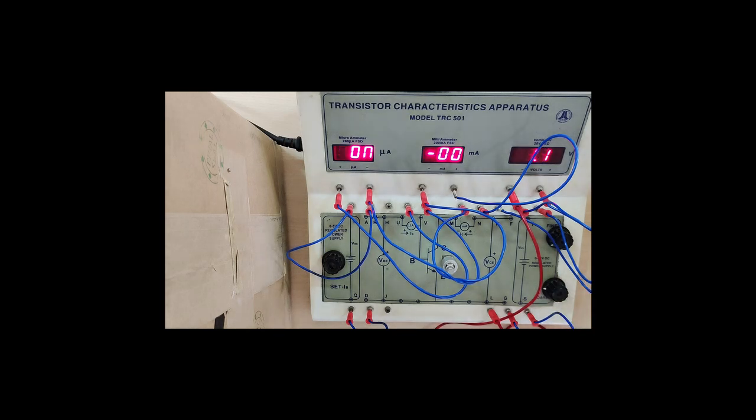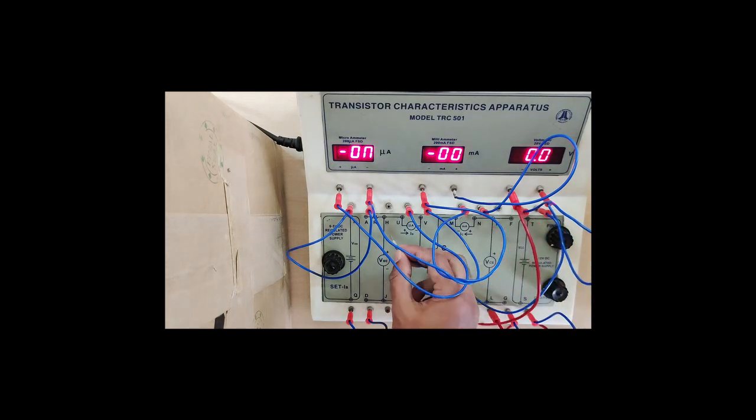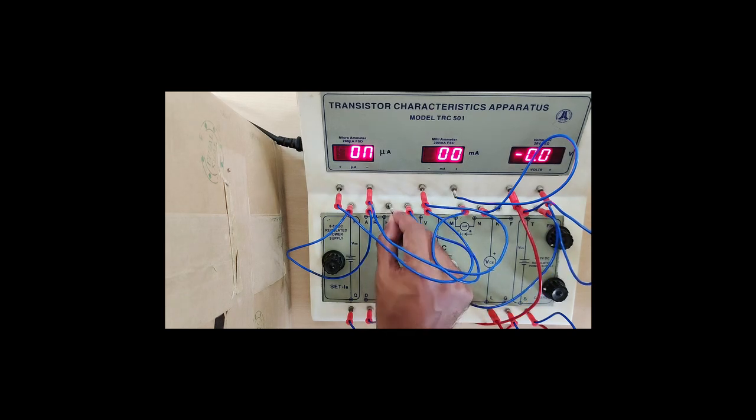Let us say we'll set the output voltage to 1 volt. Once the output voltage VCE is set to 1 volt, you can change the voltmeter position onto the input side. That can be simply done by removing this terminal of the voltmeter and connecting it to the input side. So input side, here is the voltmeter.